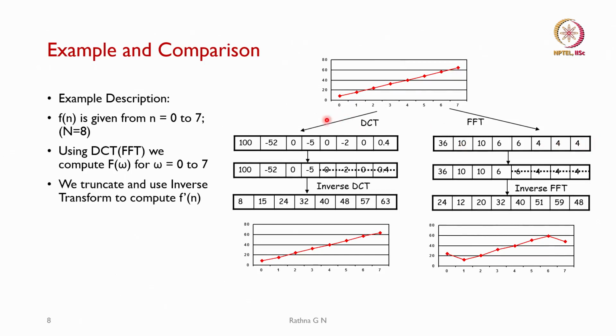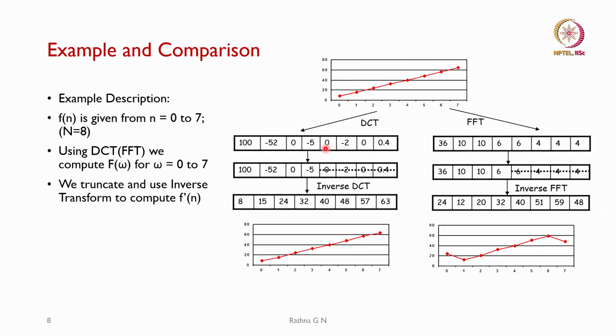When you pass it through the DCT, the first value we call the DC coefficient, and the rest we call AC coefficients. The maximum value is present in the DC coefficient, and after the first coefficient the rest are almost negligible.